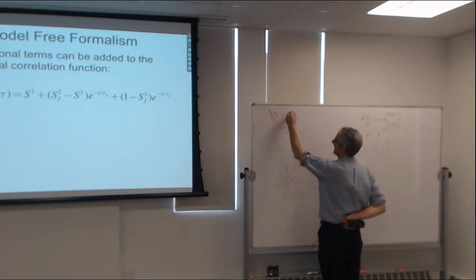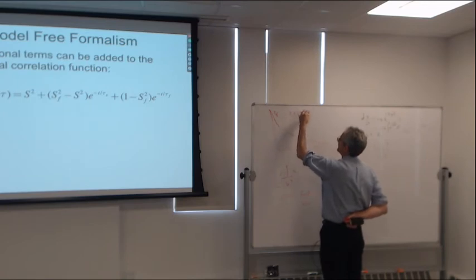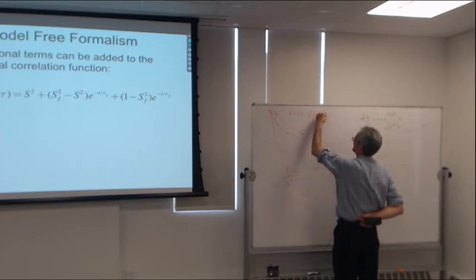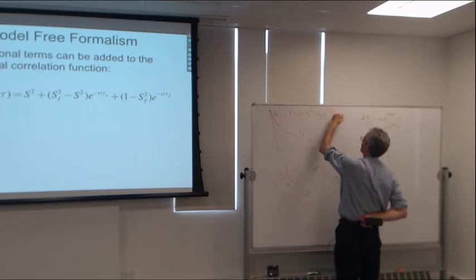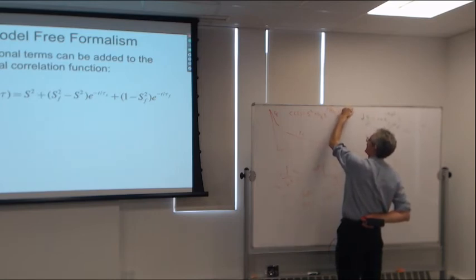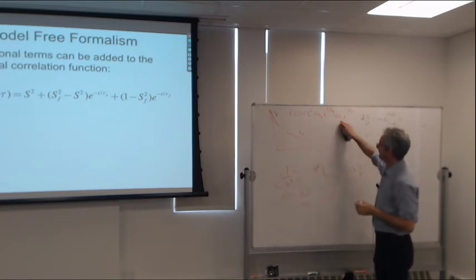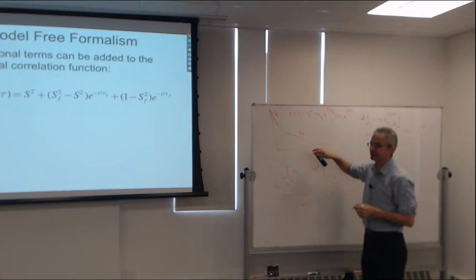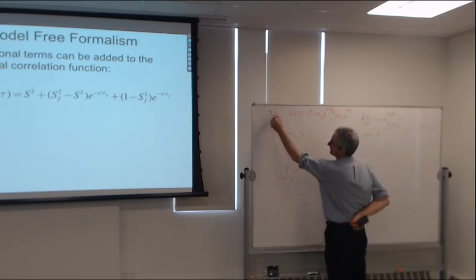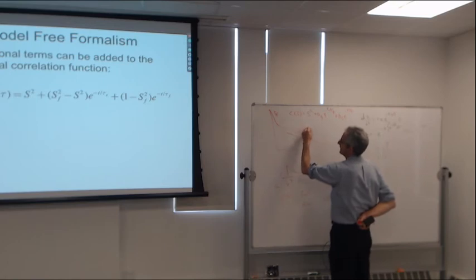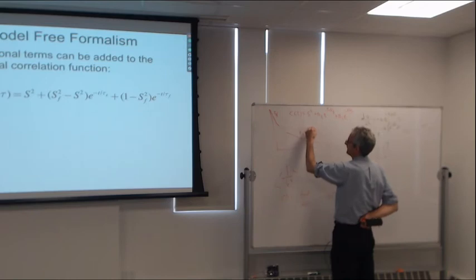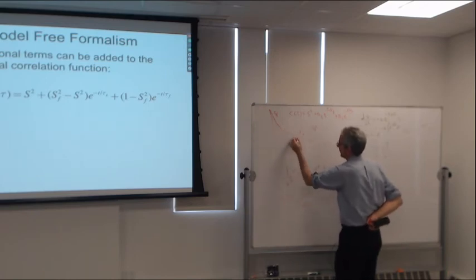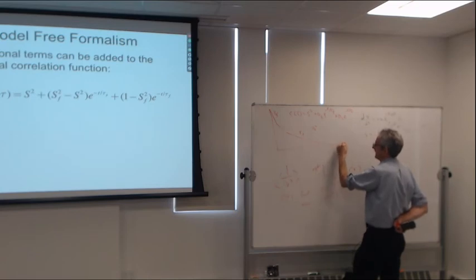And you could have imagined writing this as S squared plus alpha f e to the minus t over tau f plus alpha s e to the minus t over tau s, where alpha f and alpha s were just the amplitudes of these two terms. But they imagined that the fast time scale would dictate some plateau that they call SF squared, and then the whole thing was going to decay to S squared.